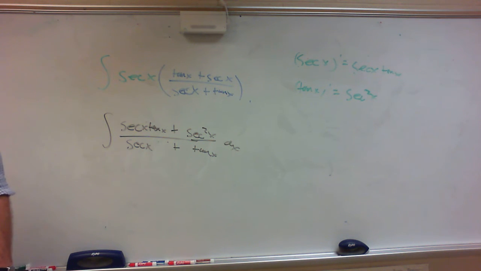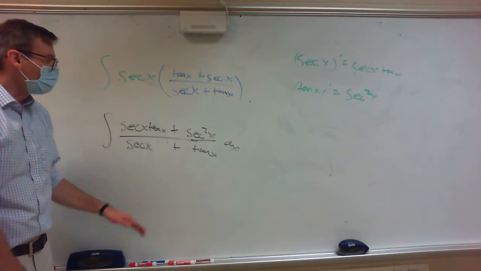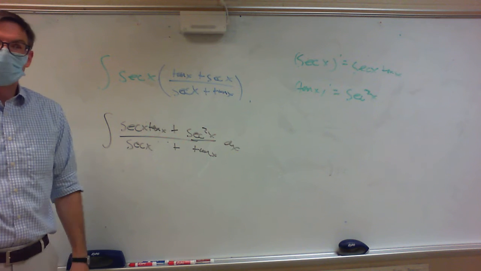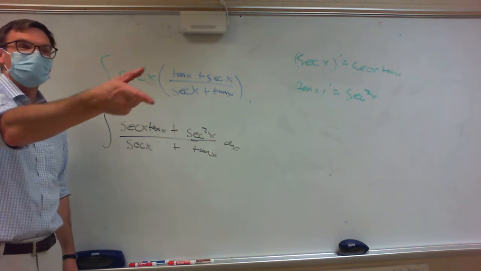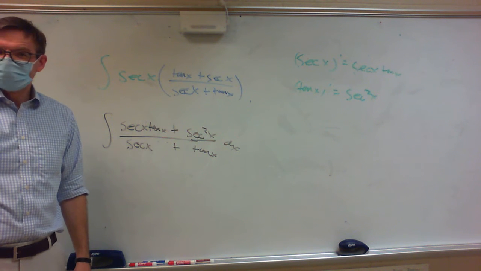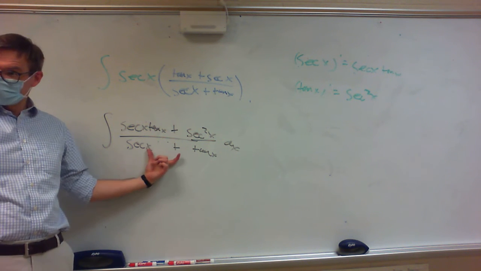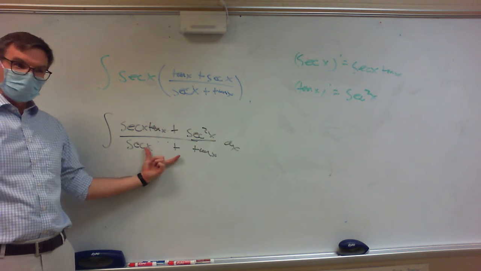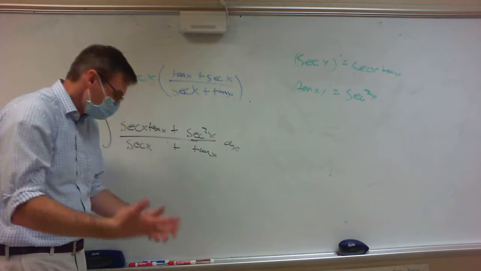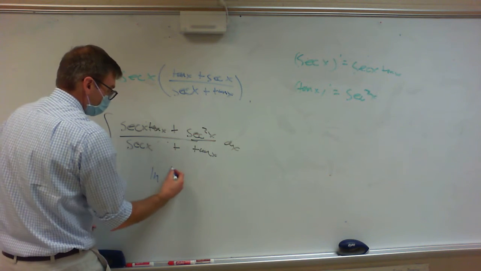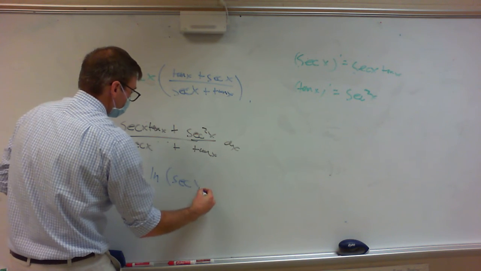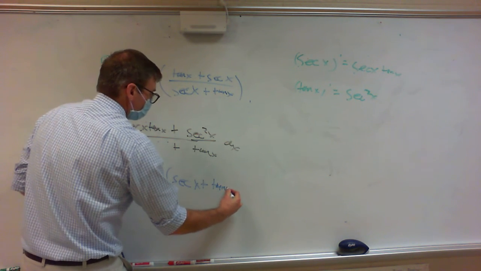And what is your guess? What is your integral whenever the derivative of the bottom is sitting on top? Natural log of the bottom. Does everybody see that? Anytime the derivative of the bottom is sitting on top, your guess is going to be natural log of the bottom, which is going to give me secant x plus tangent x.